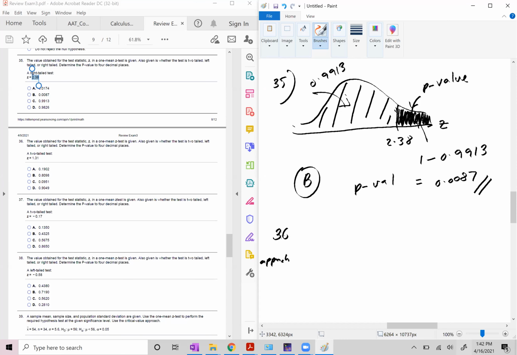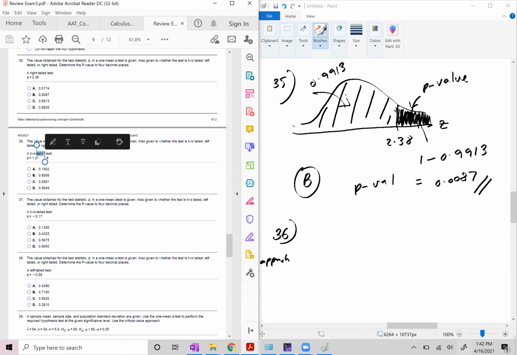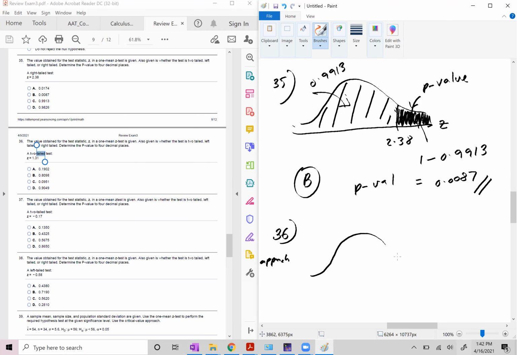Question 36. This is a two-tailed test and the z value is 1.31.